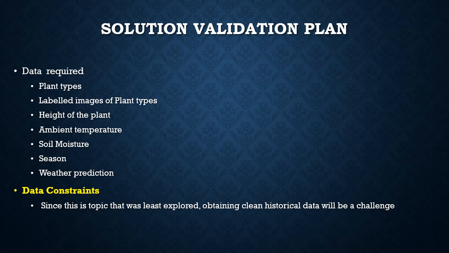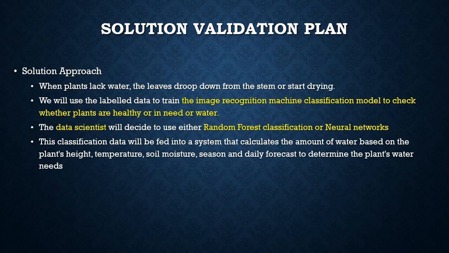We would be collecting the following data and defining the features: plant types, labeled images of plant types, height of the plant, ambient temperature, soil moisture, season, and weather prediction. Since this is a new topic and it was least explored, obtaining clean historical data will be a challenge. The solution approach would be that we will use the labeled data to train the image recognition classification model to check whether the plants are healthy or in need of water.